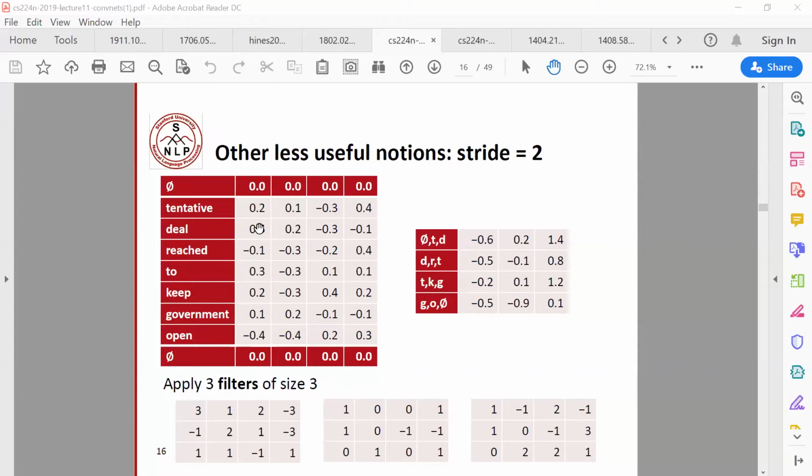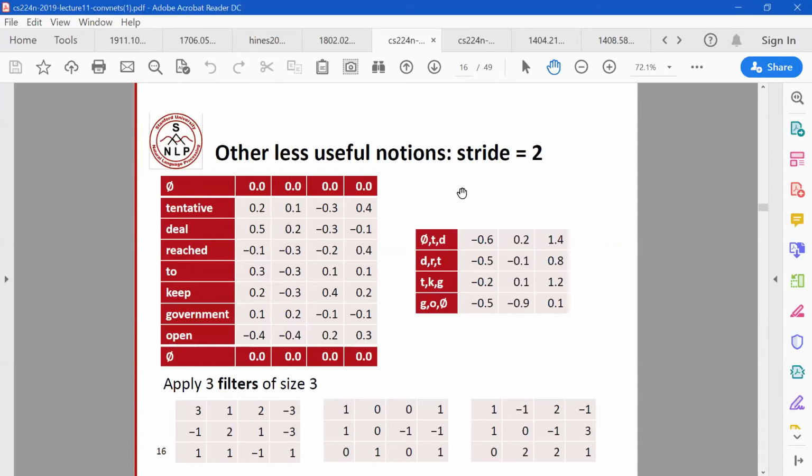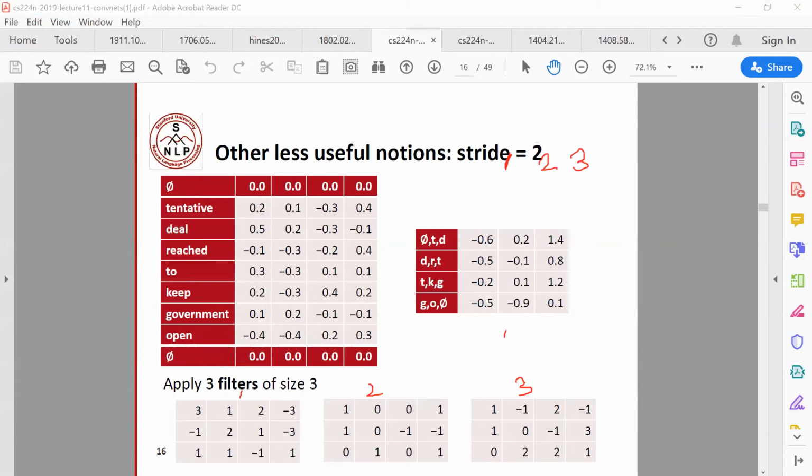And the next step, we move down another two steps, so instead of starting with deal, we start with keep government. Then we move down 2 steps again, so the last row is going to be from government open 0. Is everybody clear on how that works? So that's what they mean by stride 2. Any questions there?